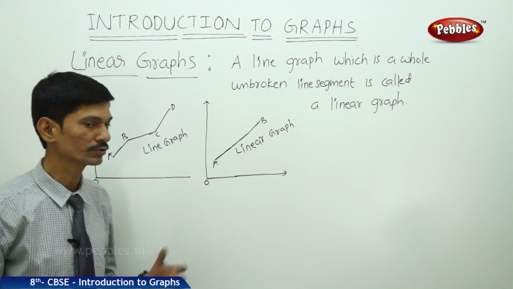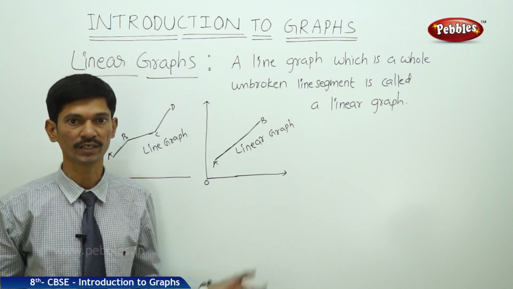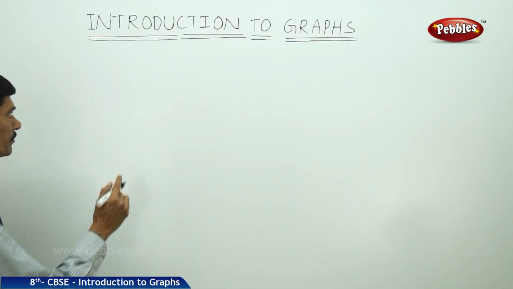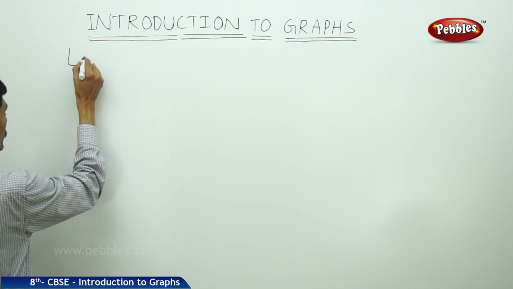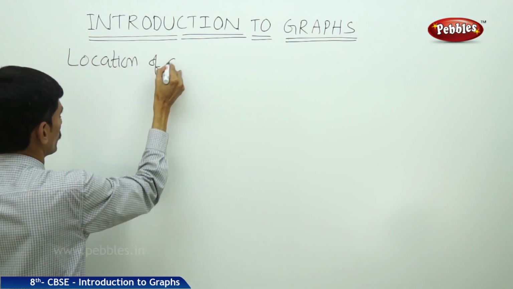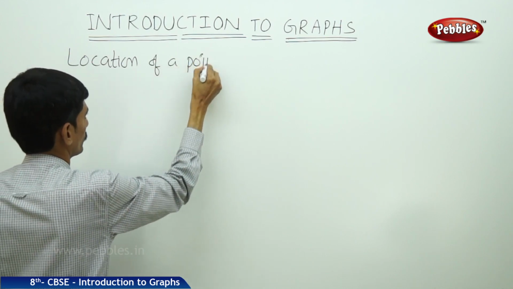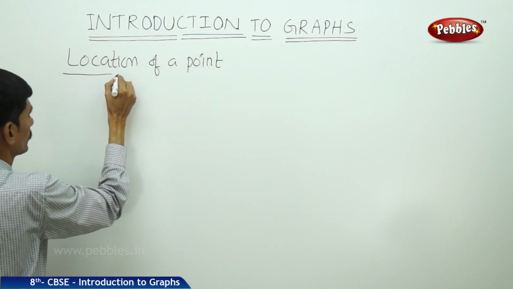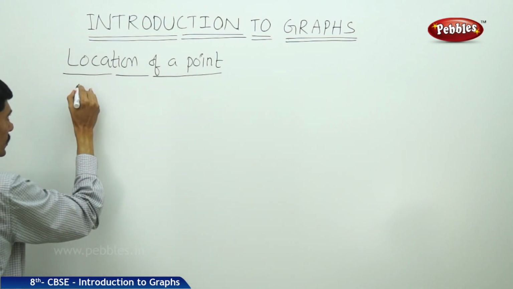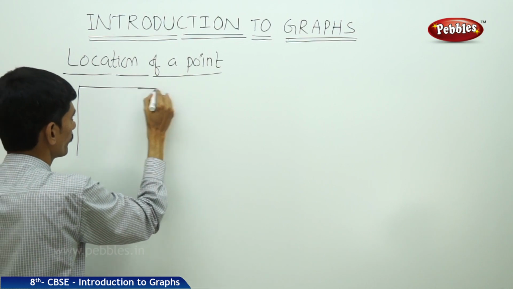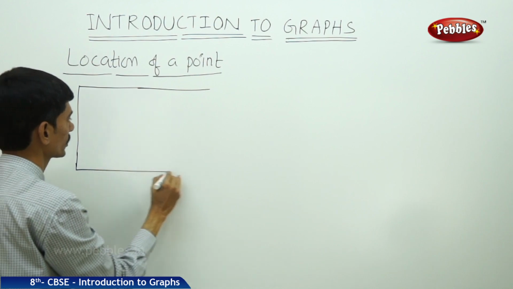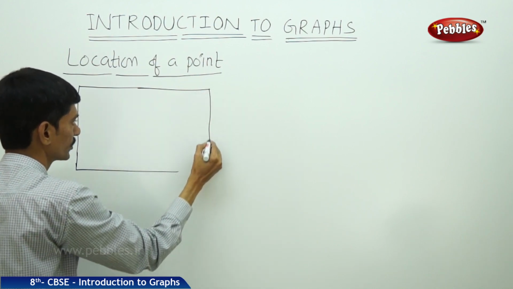Now let us learn how to locate the given points in a plane. Let us discuss the location of a point. A teacher puts a dot on the blackboard and asks the student to describe the position of the dot.